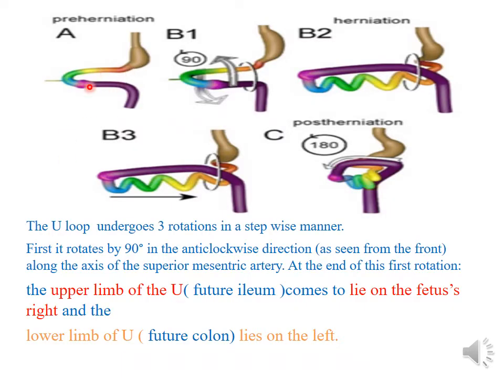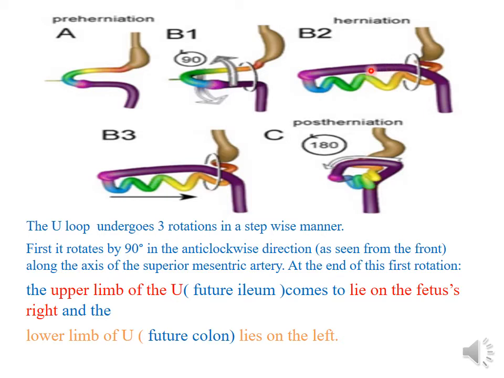As you can see in this picture, the U-loop here undergoes 3 rotations in a stepwise manner. This is the U-loop, this is the cranial limb, and this is the caudal limb. Here you can see the first rotation occurs by 90 degrees in the counterclockwise direction. It changes the positioning of both limbs.